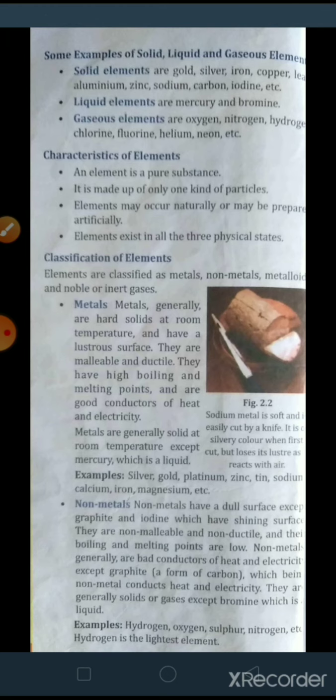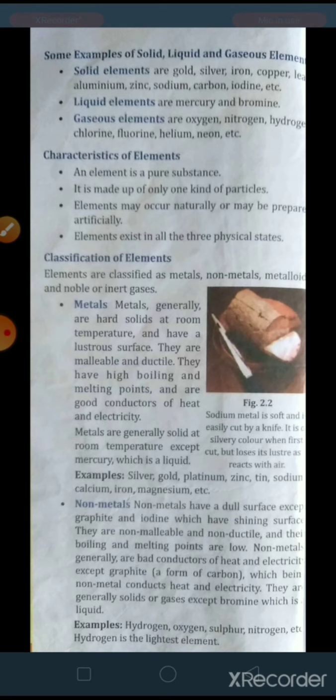Okay. As well as, the metals are good conductors of heat and electricity. That means heat and electricity can easily flow through the metal substance. The metal can conduct heat and electricity.